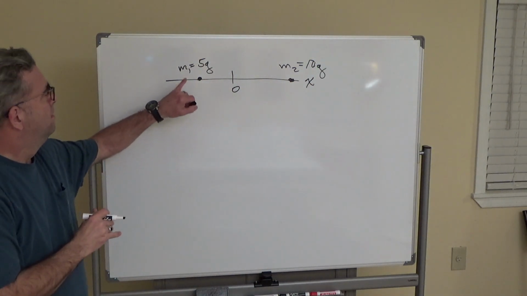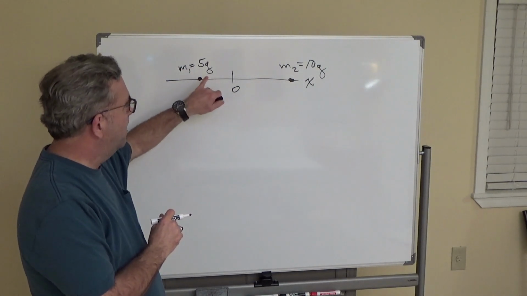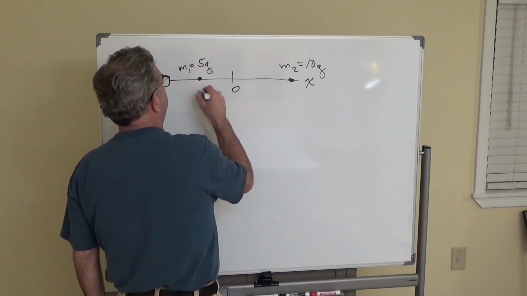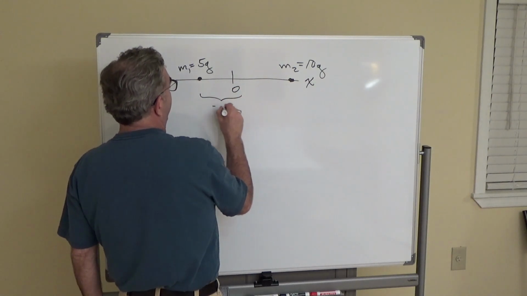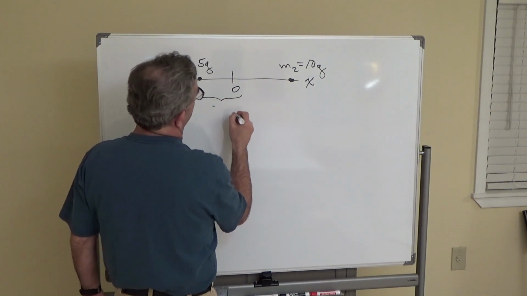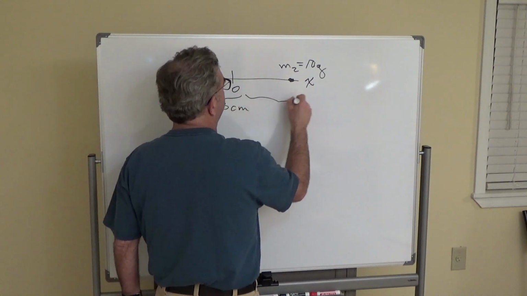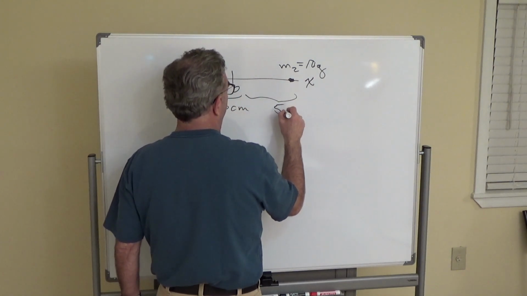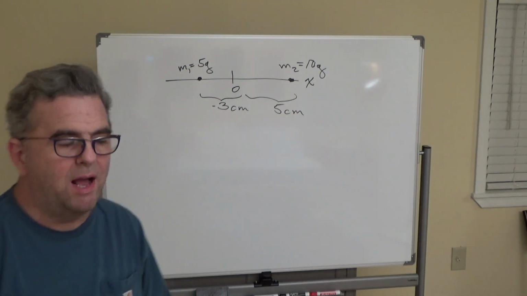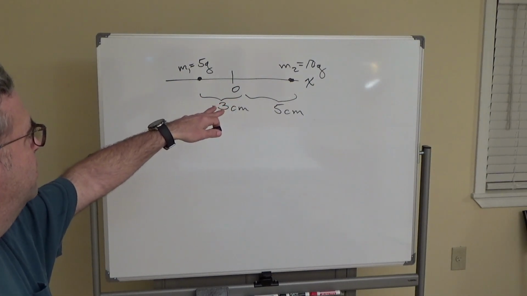So we've got a 5-gram object over here, a 10-gram object over here, and it's not symmetric about the axis. Let's say that this position is negative, let's make this negative 3 centimeters, and this position is over here at positive 5 centimeters. Okay?